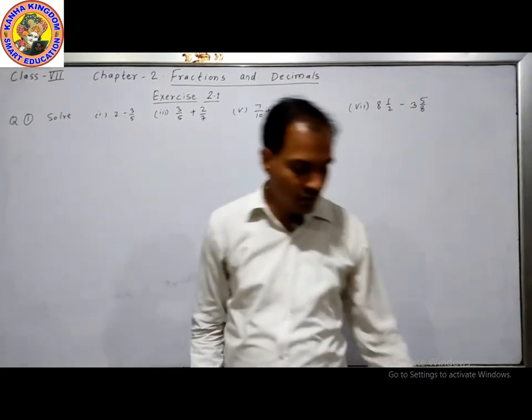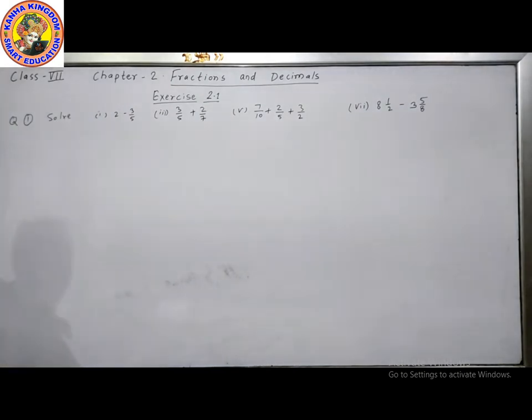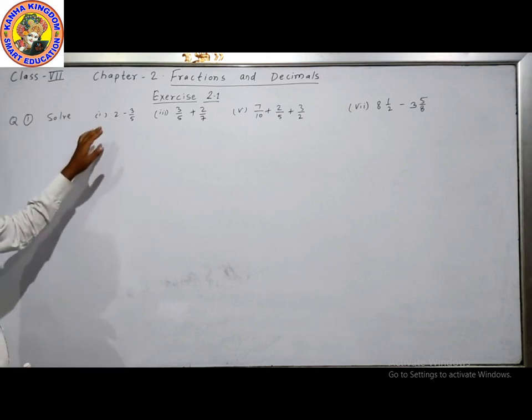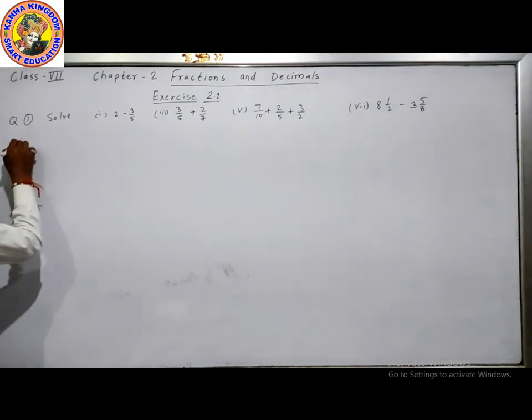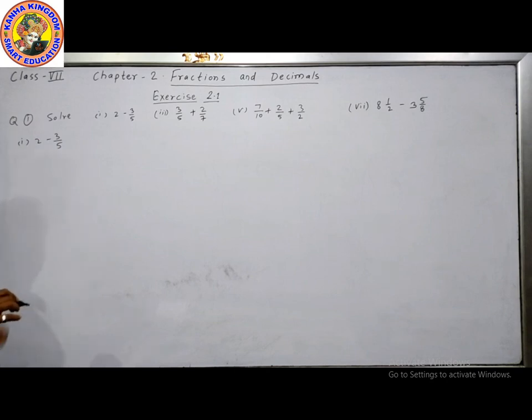So students, in exercise 2.1 we take the first question on addition and subtraction of fraction numbers. The first part of this question is 2 minus 3 upon 5.